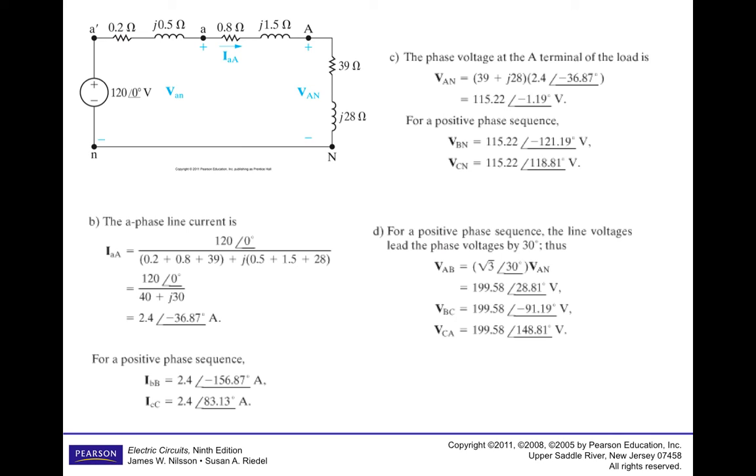And our phase is minus 1.19 degrees, which is pretty close to 0. In a perfect world, you would like to have no losses, so you would like to have all of the 120 angle 0 dropping across the load. So the difference between your ideal source voltage and your phase voltage at the terminal of a load gives you some idea of the losses in the system.